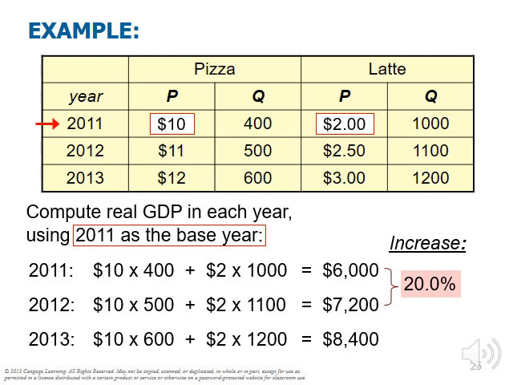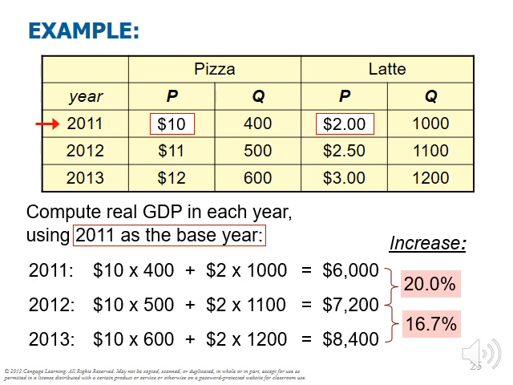Once we've calculated real GDP using our base year prices, we can look at the rate of change between each year. From 2011 to 2012, we saw a 20% increase in real GDP. This is a 20% increase in real economic output, real economic activity. It reduces scarcity and grows material wealth.